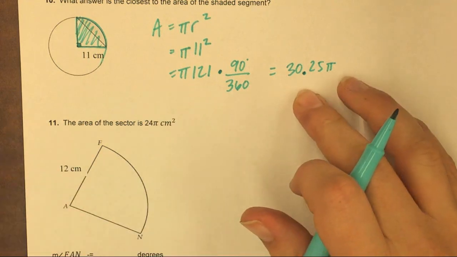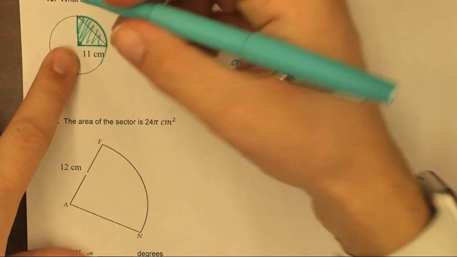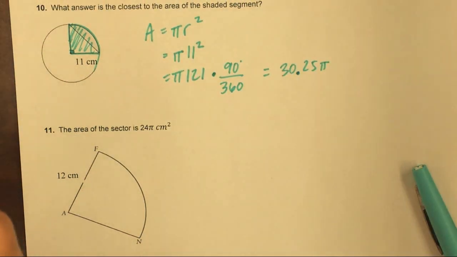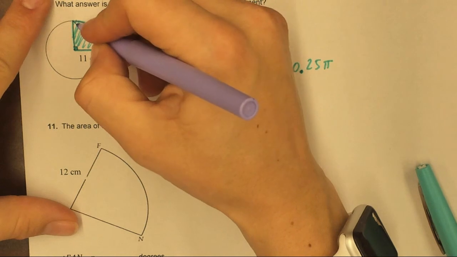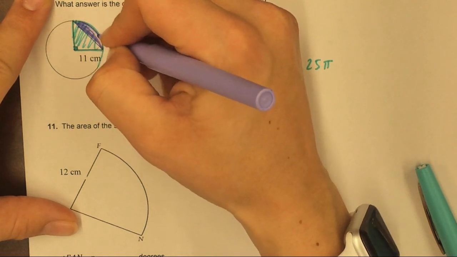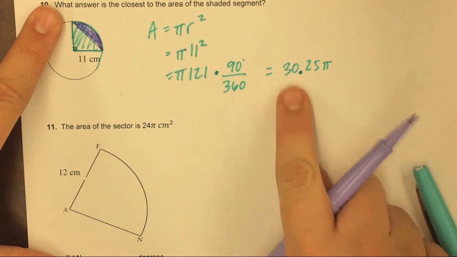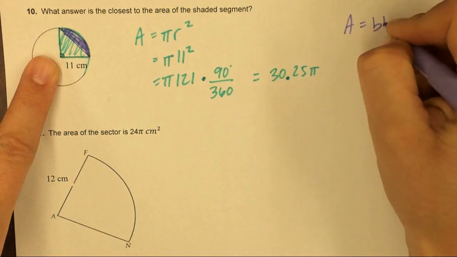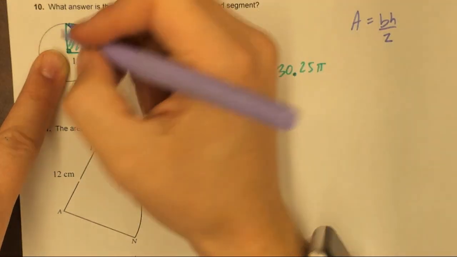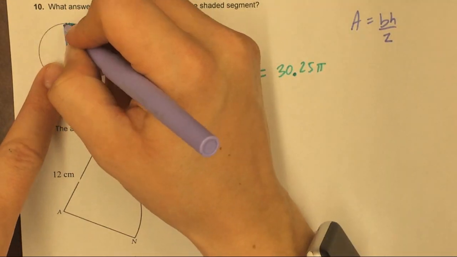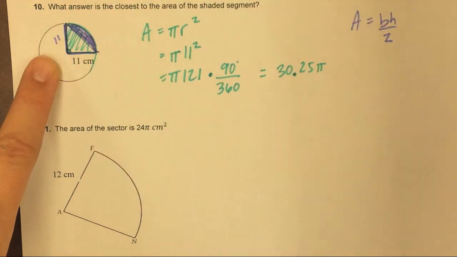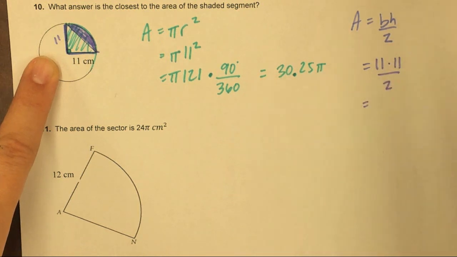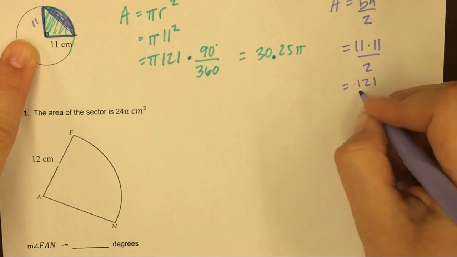Then we need to subtract the area of the triangle, because they only want the shaded region here. So we subtract the area of the triangle from this sector. The area formula of a triangle is base times height divided by 2. My base would be 11, and just fancy that, my height would also be 11 because it's another radius. So 11 times 11 divided by 2 is 121 divided by 2.